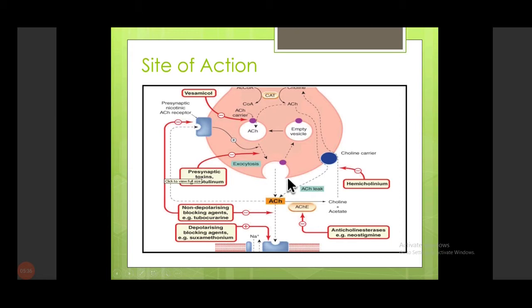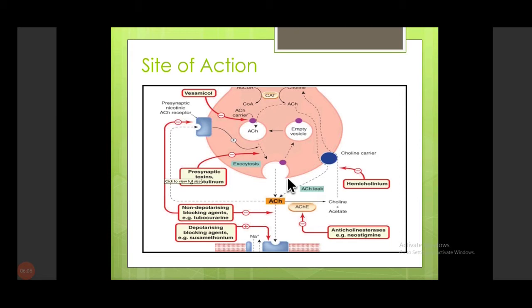It is fused with the axonal membrane. There is a release of ACH, which is subsequently acted upon by ACHE, the acetylcholinesterase, which breaks acetylcholine into choline and acetate for reuptake into the axonal membranes. Okay.